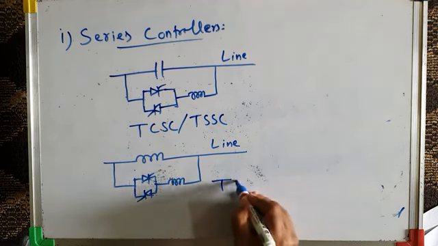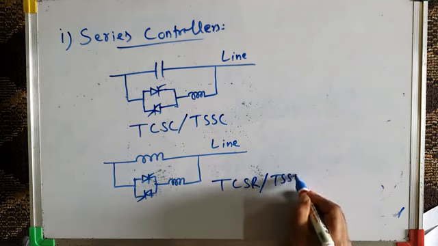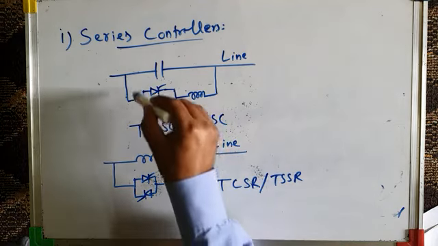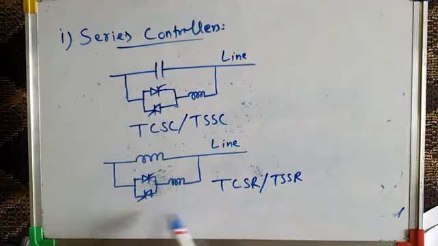So it becomes a thyristor controlled series reactor or thyristor switched series reactor. Therefore, this is the schematic diagram for TCSC or TSSC, and this is the schematic diagram for TCSR or TSSR. That is about thyristor based series FACTS controllers.